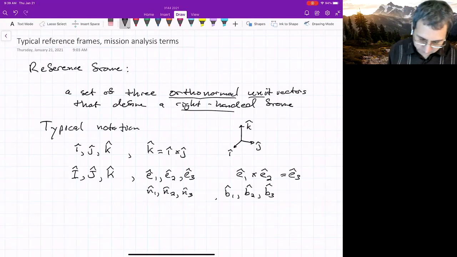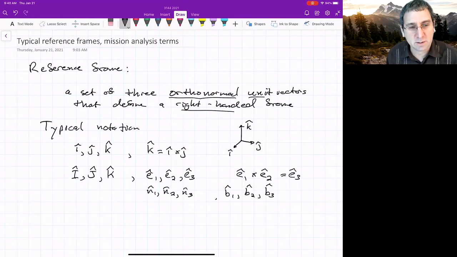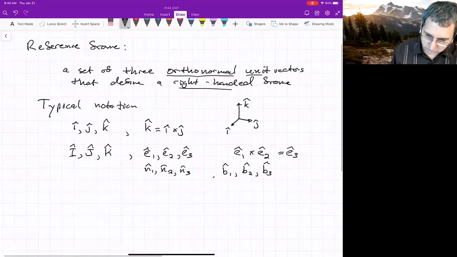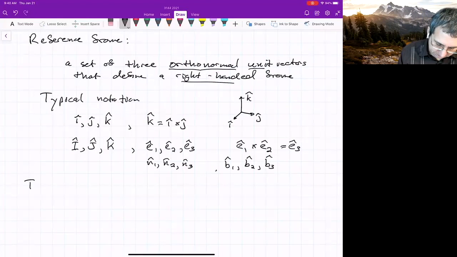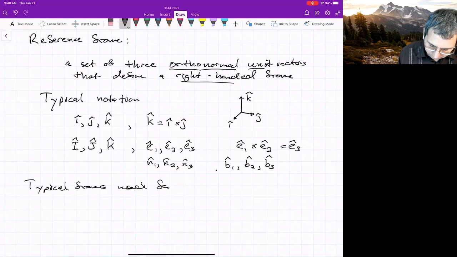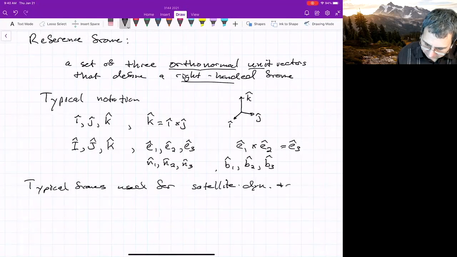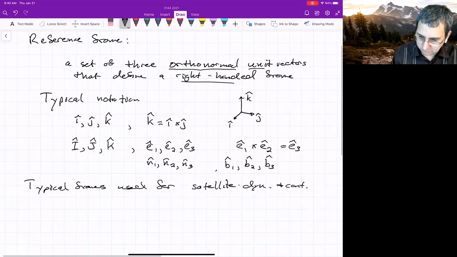All right. So some typical frames that we use for spacecraft control. There are some typical frames in satellite dynamics and control.